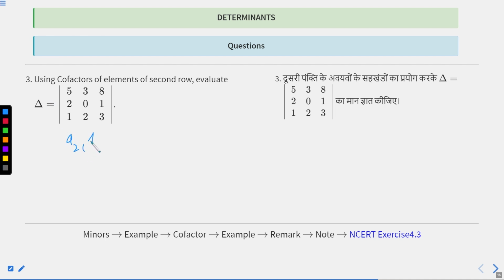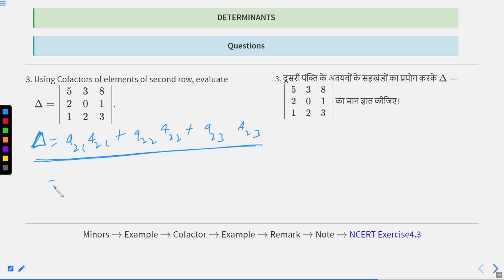So A21 means A21 plus A22 plus A23. This will be your what? Determinant. Yes, we already discussed in theory session. Please refer to my theory section class for this, that how it is the same as saying that we got our determinant.